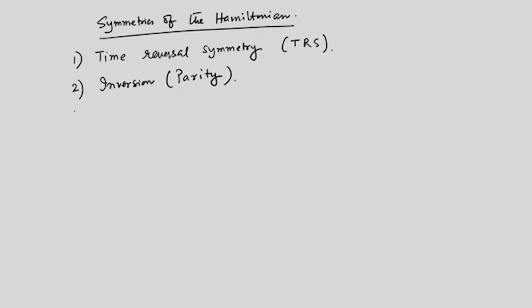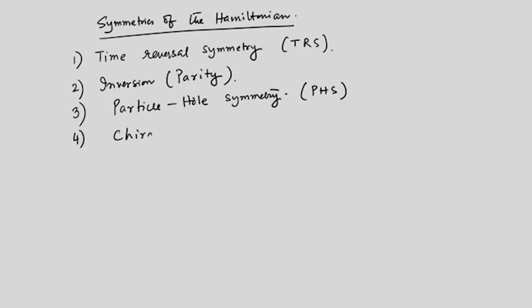Then there is the symmetry called particle hole symmetry. It's called PHS for short, and this is particularly important in the context of superconductors. And then we have chiral symmetry and so on.